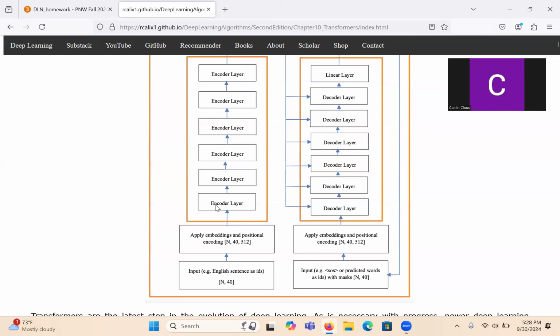So think of just that part of the neural network in one encoder layer. There's a lot, it's very deep, right? Imagine that this is an MLP, and the output of that becomes the input to the next MLP, and the output of that becomes the input to the next MLP, and so on. So these are very deep, very complex networks.